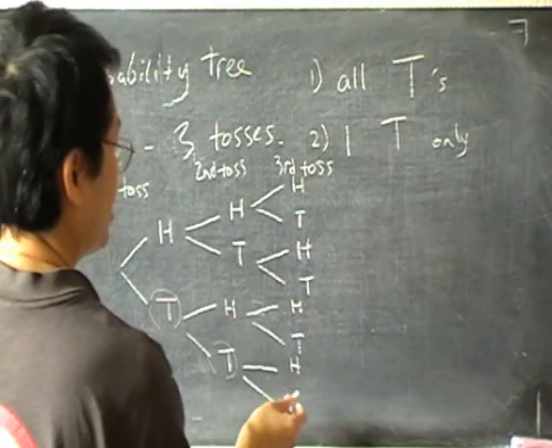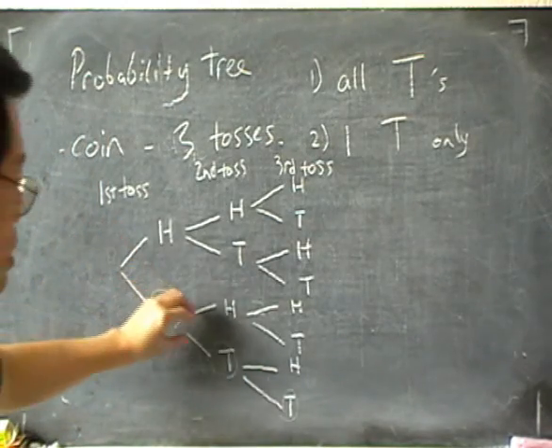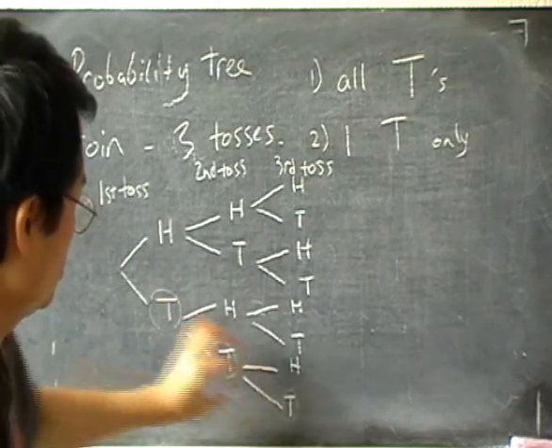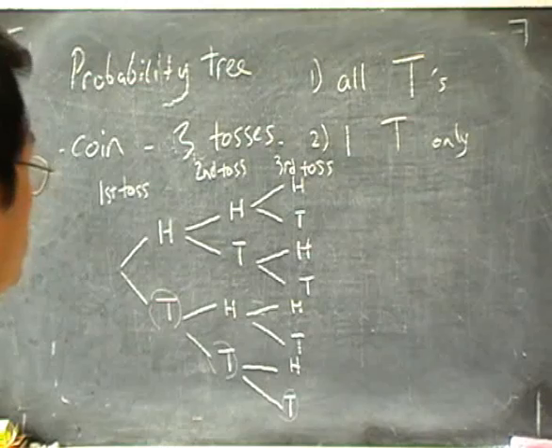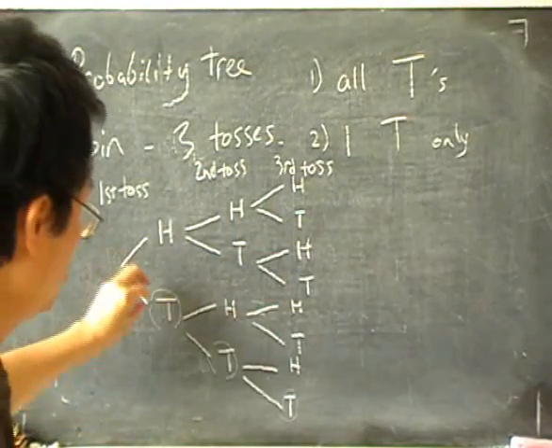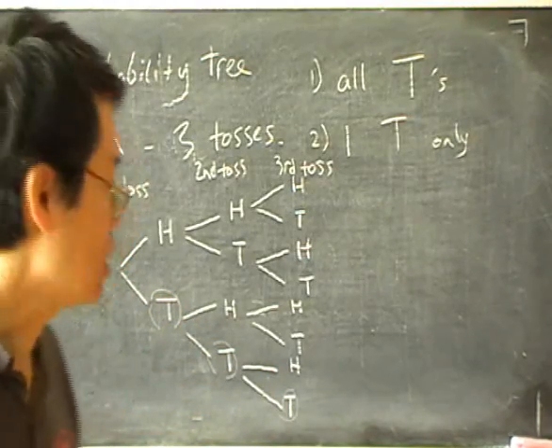And in the third time, I want to get a tail as well. So I'm interested in this particular chain of events. Tail, tail, and tail. So from the tree, I can pick out the particular set of events that I'm interested in.